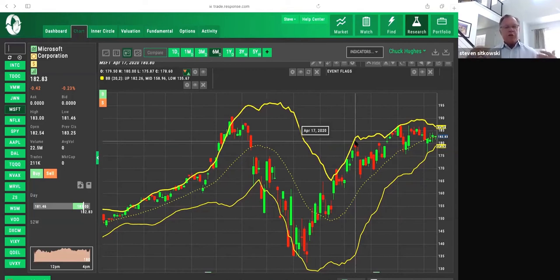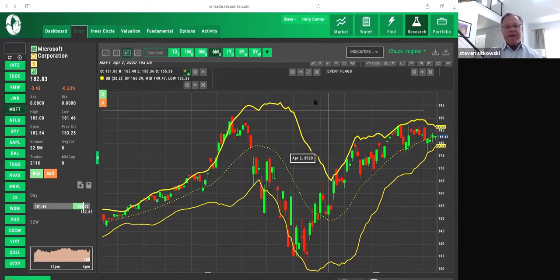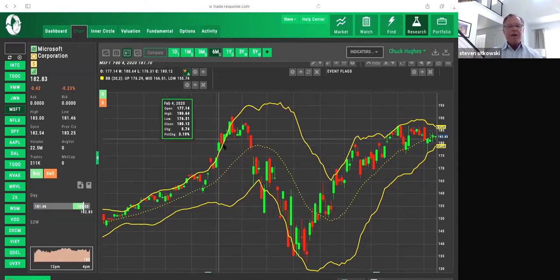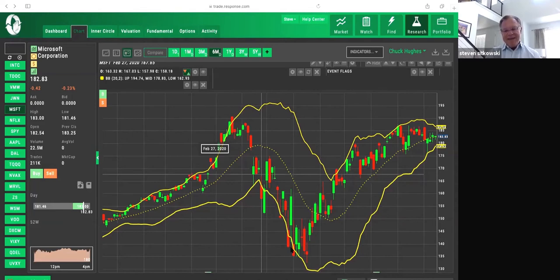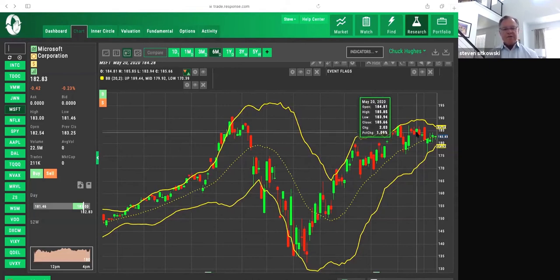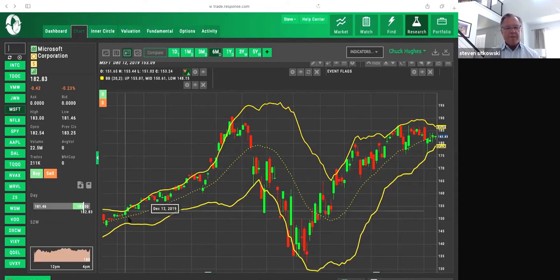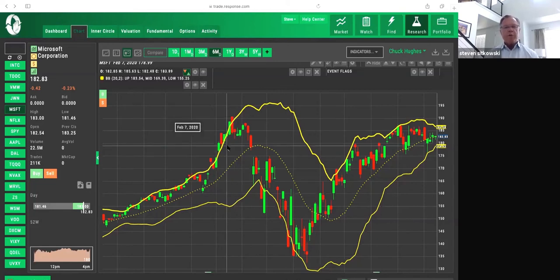Keep in mind, this is just one indicator, but whenever it gets outside the band, we say that it is overbought, and notice it drops. And then it gets outside the band on the low end, and what happens? It goes up. Now, notice the squeeze right here, little contraction, and then this thing started to get more volatile with more movement.